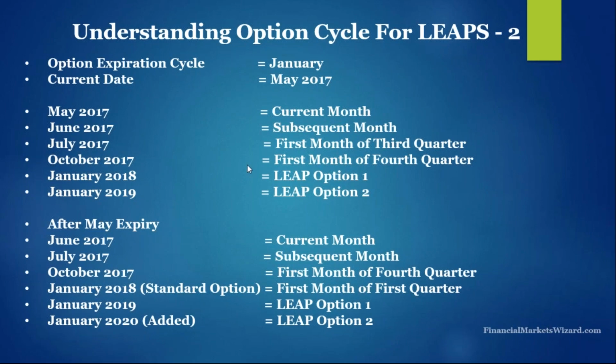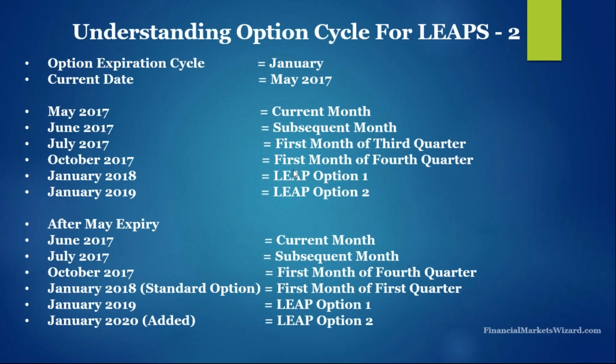So we know these 4 months will be listed. And because we are in year 2017, we will have 2 more months listed for LEAPs, which are January 2018 and January 2019. So in total, there will be 6 option months listed for this stock in the January cycle: May, June, July, October, January 2018 and January 2019.